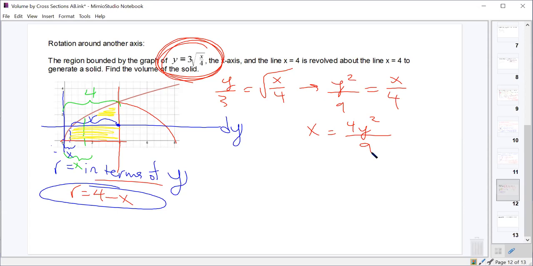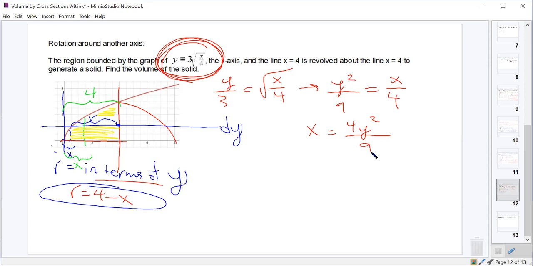Do 4 minus r and plug 4 minus r into y equals 3 times the root of x over 4, and then solve for r. I wouldn't recommend it, but it will work. It's generally going to get you worse algebra. I think it's better to solve the original equation for x and then plug it in, but your choice.